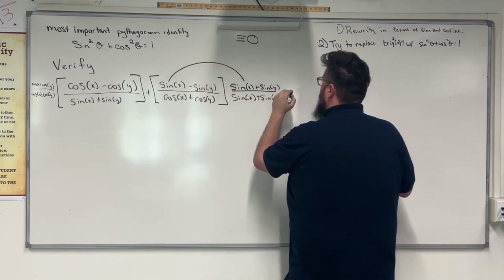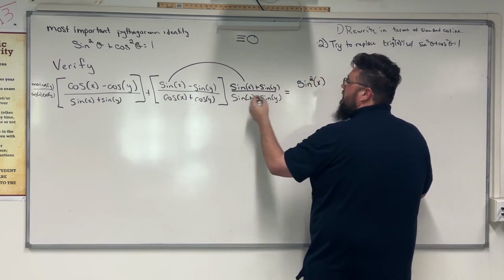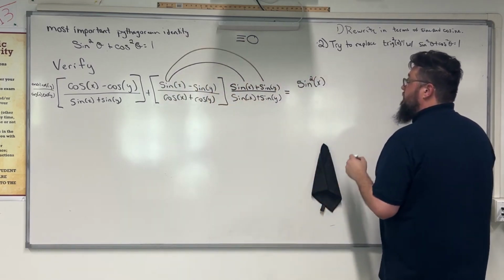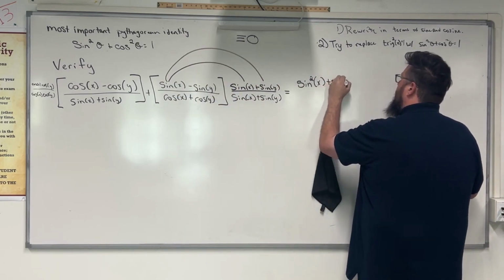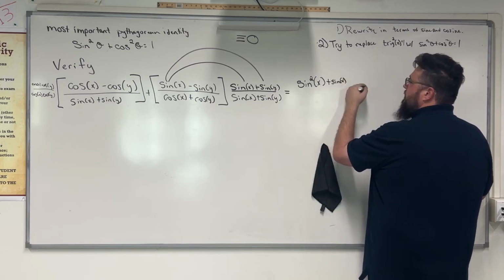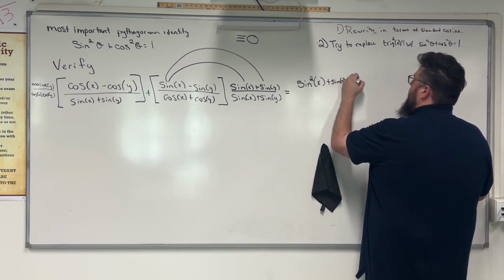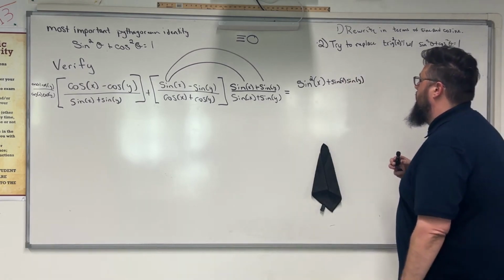But let's do sine times sine. Then we're going to multiply that times sine x times sine y. And I've had a lot of questions saying, well, why don't we just square it and make it sine squared xy? These are two different numbers. They have different variables. We're going to avoid doing that.